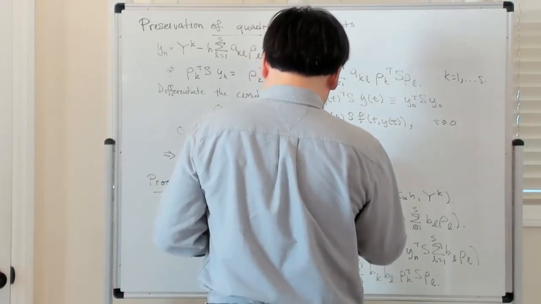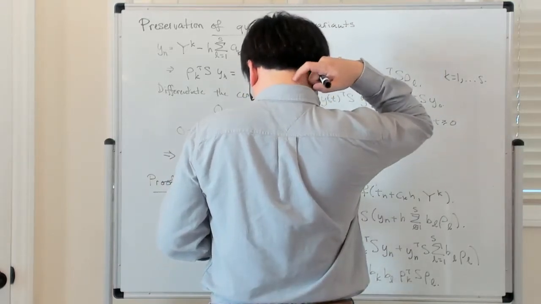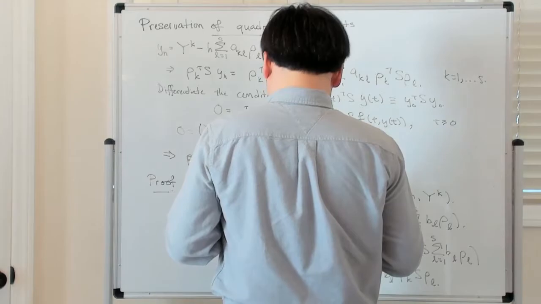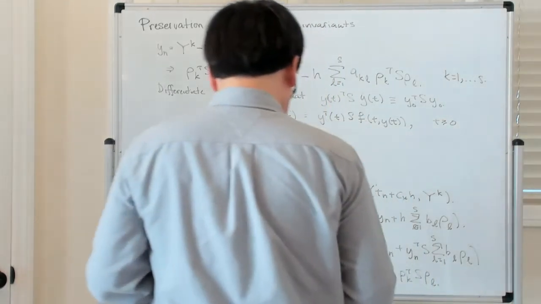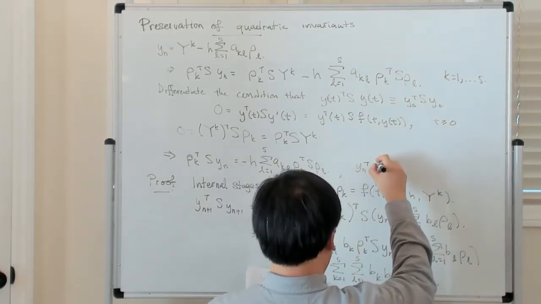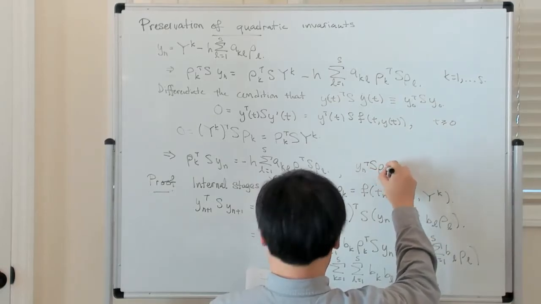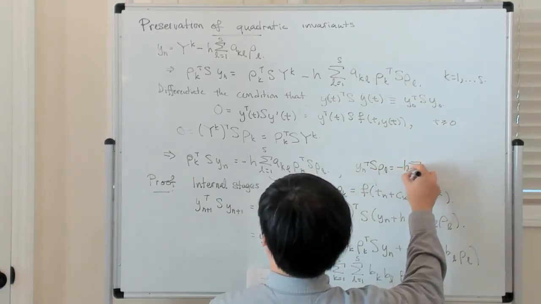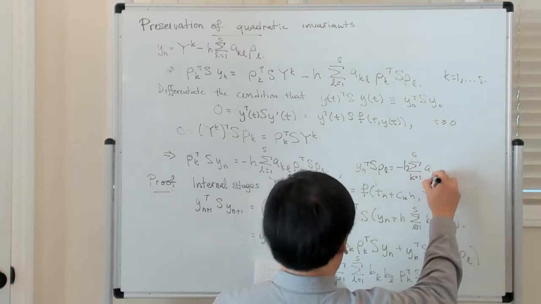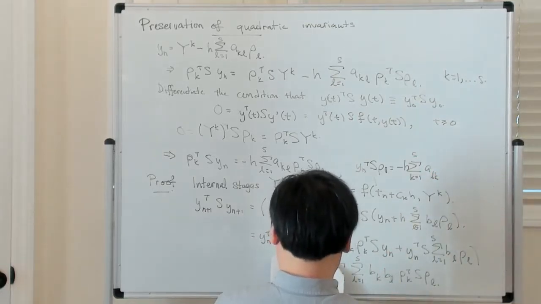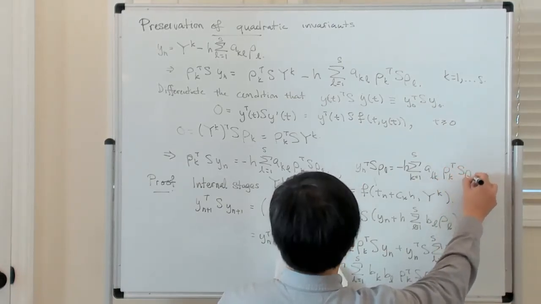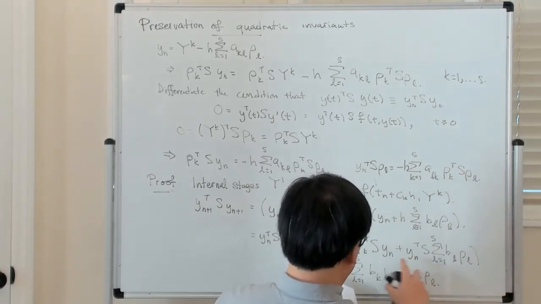Yep, you have this, and you can also show that this term here, yn transpose S rho L, is equal to minus h times the sum from k equals 1 to s of alk rho k transpose S rho L. So you can deal with these two terms.